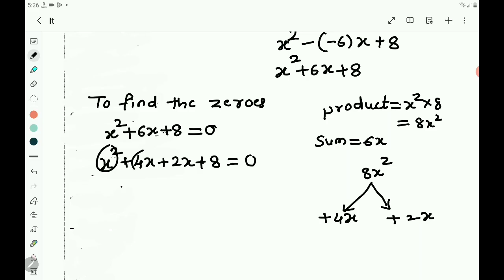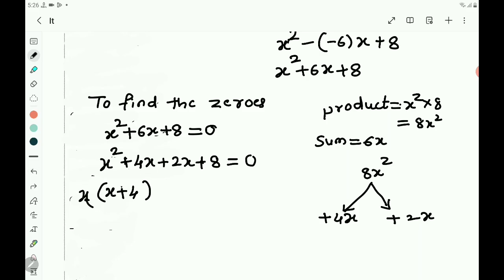Out of x square and 4x, what is common? X is common. In the bracket, what you are going to get? In x square, x is outside, so x into x is x square. So here the first term is x, plus here x is already outside, x into 4 is 4x.